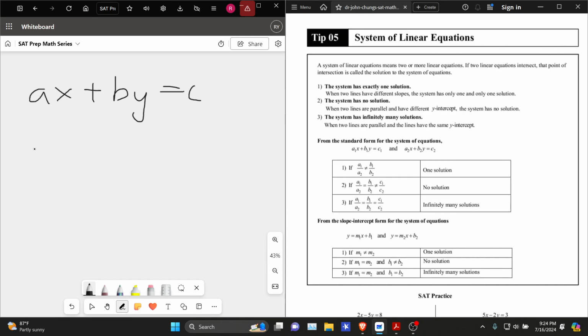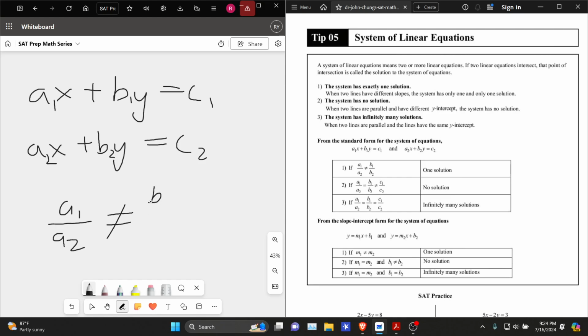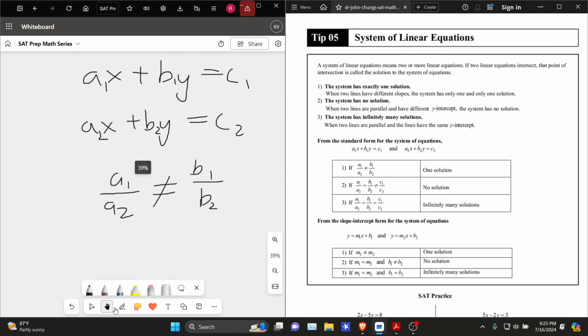When we have two of them, let's label them with the correct subscripts. When a1 over a2 is not equal to b1 over b2, this has one solution. This means they intersect something like this, and there's one solution.